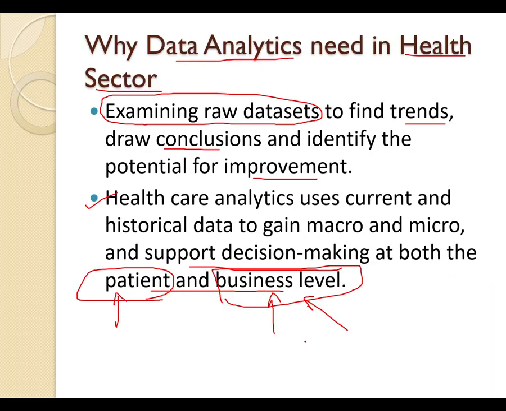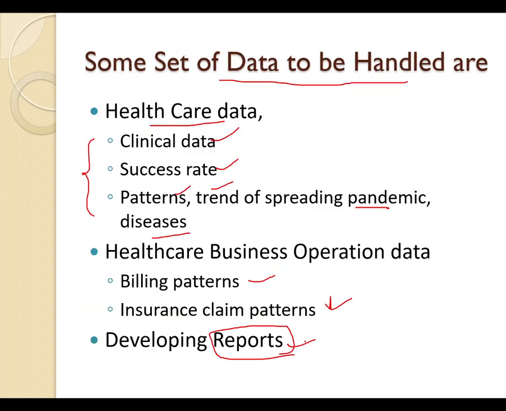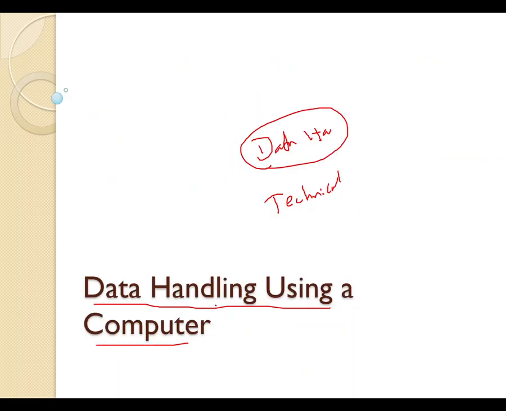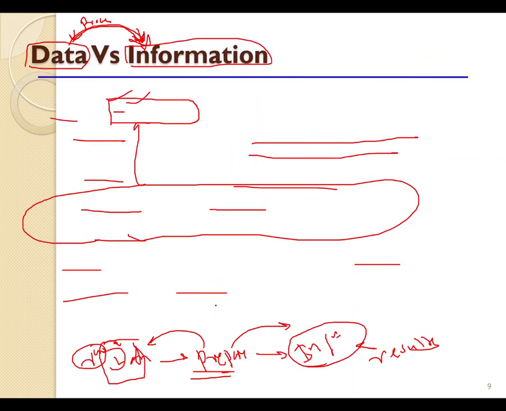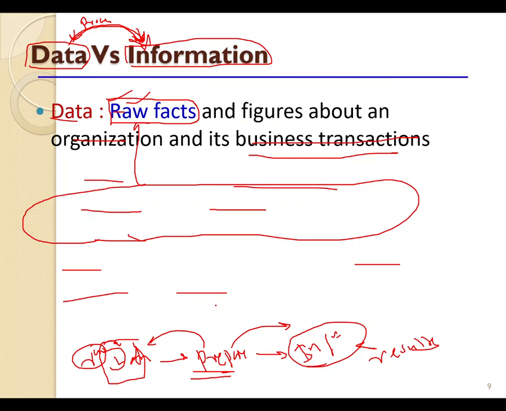And why we need data handling in the health sector, especially for clinical data, for the patients, for the betterment of the field of health, and even for business data analysis. So clinical data, even to find patterns, trends, and even regarding the business in the health sector, even to prepare reports. And I told you about the definitions, what data and information are.